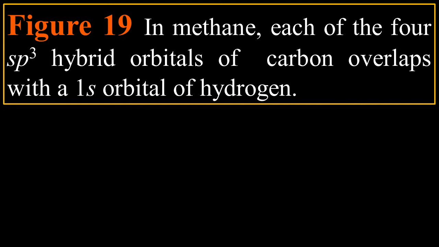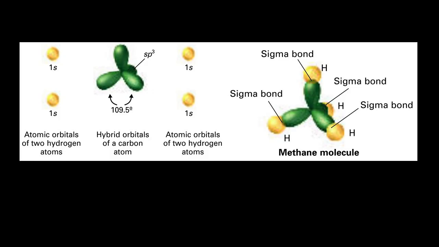Figure 19: in methane, each of the 4 sp3 hybrid orbitals of carbon overlaps with a 1s orbital of hydrogen. Here we have the atomic orbitals of hydrogen atoms, and then you have the hybrid orbitals of the carbon atom.